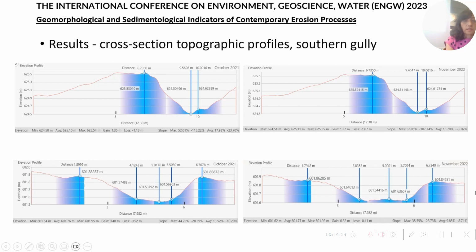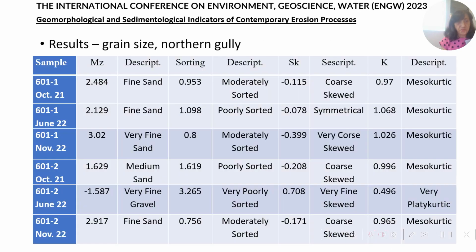Here we can see that in the low part of the gully, lateral erosion occurred for the period of 1 year between October 2021 and November 2022. Also, we can see the changes in the minimal and maximal values of elevation, which are approximately 2 centimeters for the 1 year period.